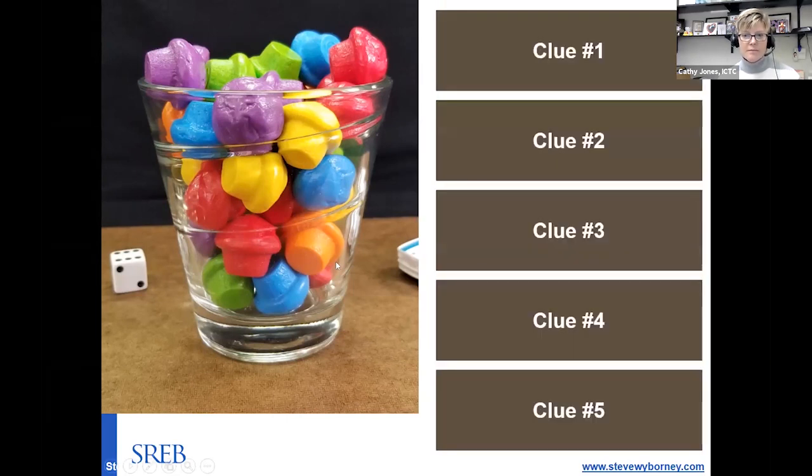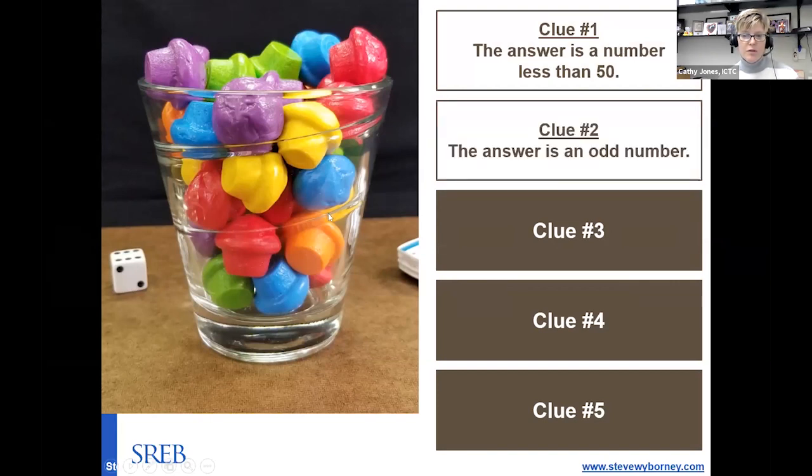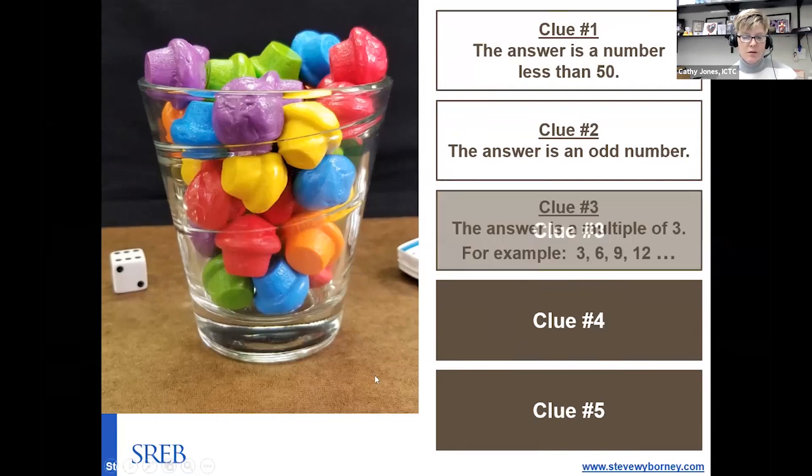So clue number 1, the answer is a number that's less than 50. Clue number 2, the answer is an odd number. Clue number 3, the answer is a multiple of 3.